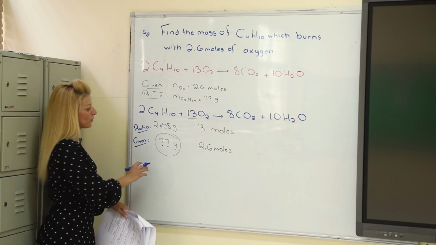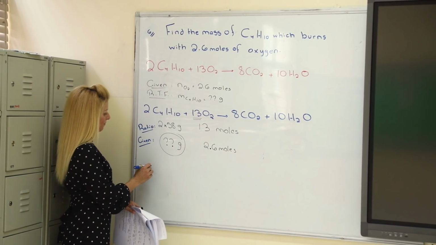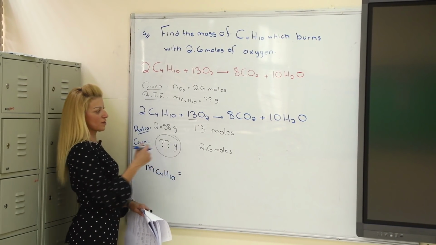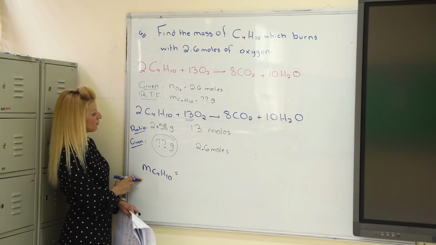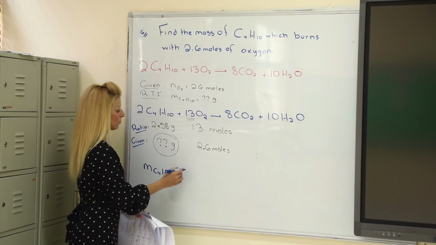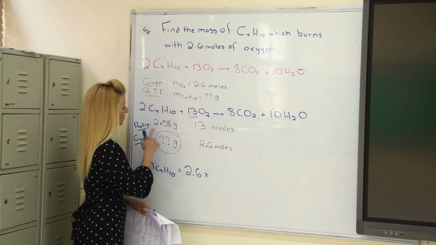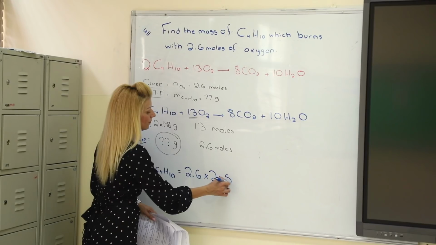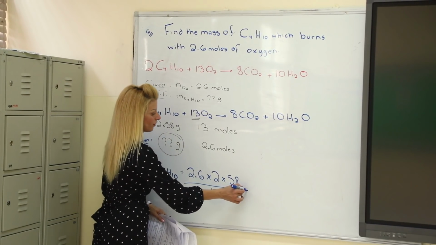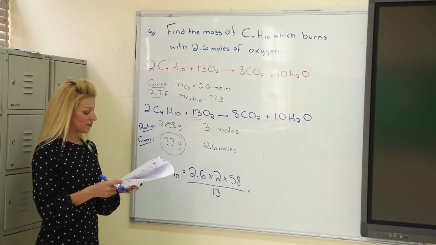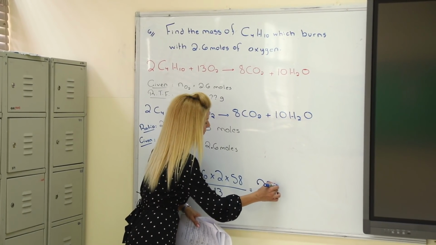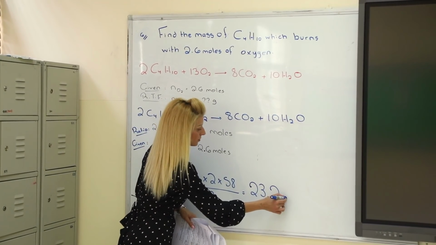So we do a simple cross multiplication to get the mass of C4H10 that will react with the oxygen. So the mass of C4H10 that will react with the 2.6 moles of oxygen will be 2.6 times 2 times 58 divided by 13. So if you go to your calculator, you will end up with 23.2 grams.